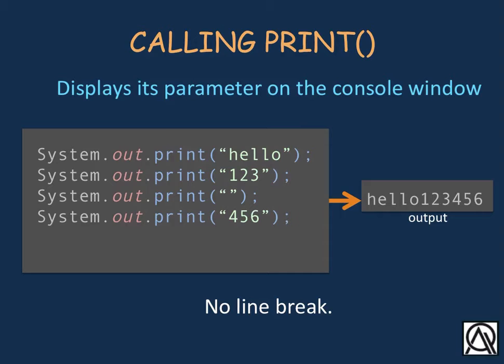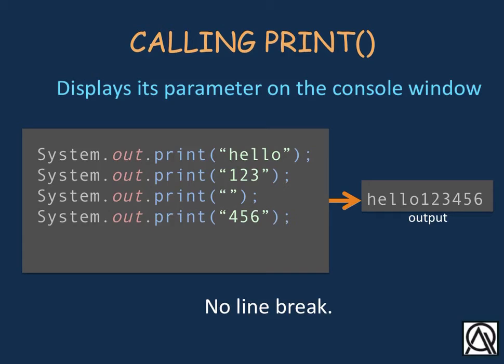We are not going to a new line. So the output would look like this. First we print hello, then 1, 2, 3 and 4, 5, 6 because for empty string we are printing nothing. So the difference between print and println is there is no line break in print.